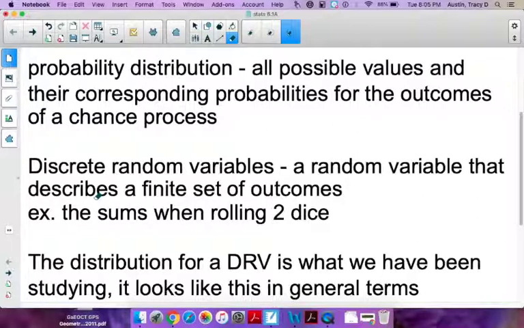Even rolling one die has a finite set of outcomes, 1 through 6. And if you're talking about some of the dice they use in Dungeons and Dragons, it could be anything up to 20, or even maybe more. Now the sums when rolling 2 dice, we did a probability table for this last chapter, and we saw that the totals or the outcomes were everything from 2 to 12. And that's a discrete or a finite set of outcomes.